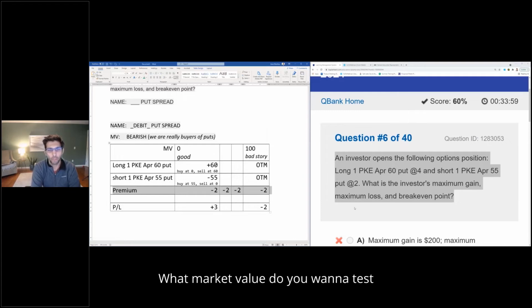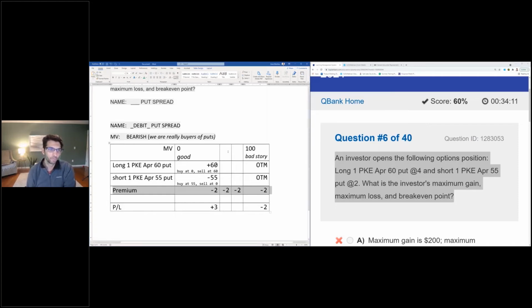What market value do you want to test for break even? Who's got a number for us to try? Where do we make $2?